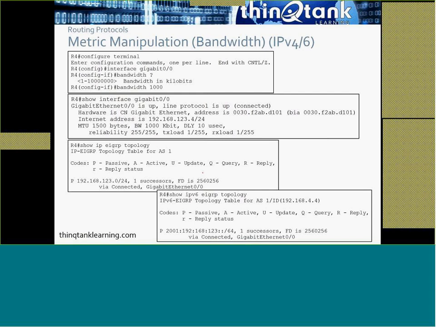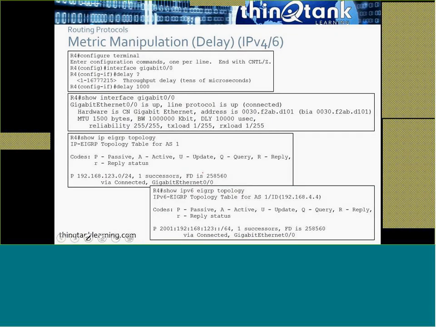All right, so I can manipulate bandwidth. The other thing that I can manipulate is delay. I can change the delay of an interface. Now, if you recall our discussion previously, delay in this case references what? Do you guys remember? It's listed in microseconds, but what does it actually represent?